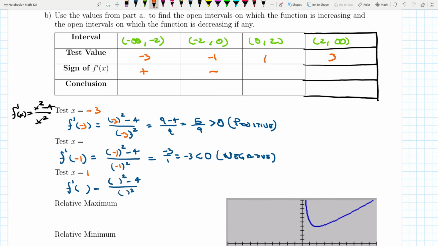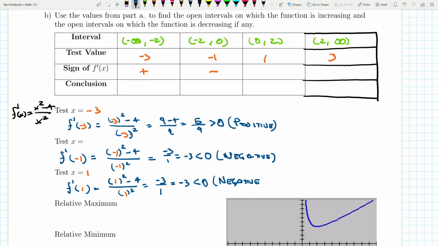Let's plug in 1, and that equals 1 squared minus 4, which is negative 3 over 1. That's also negative 3, which happens to be less than 0, or negative.